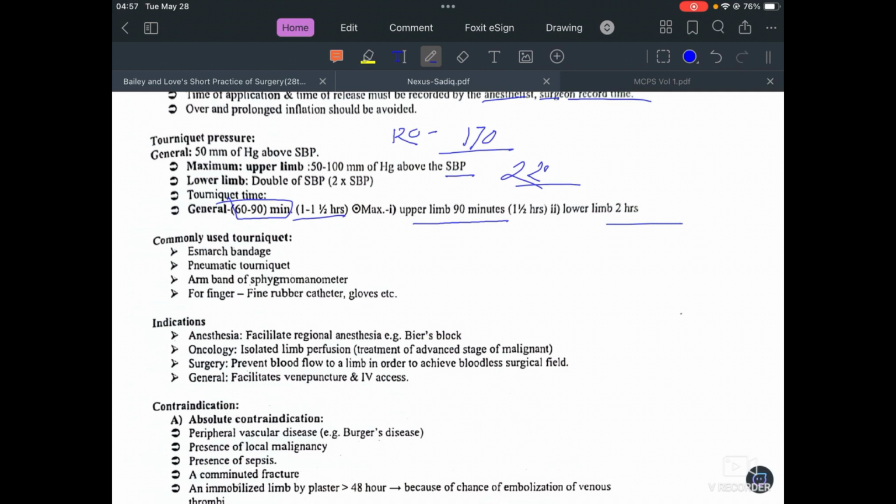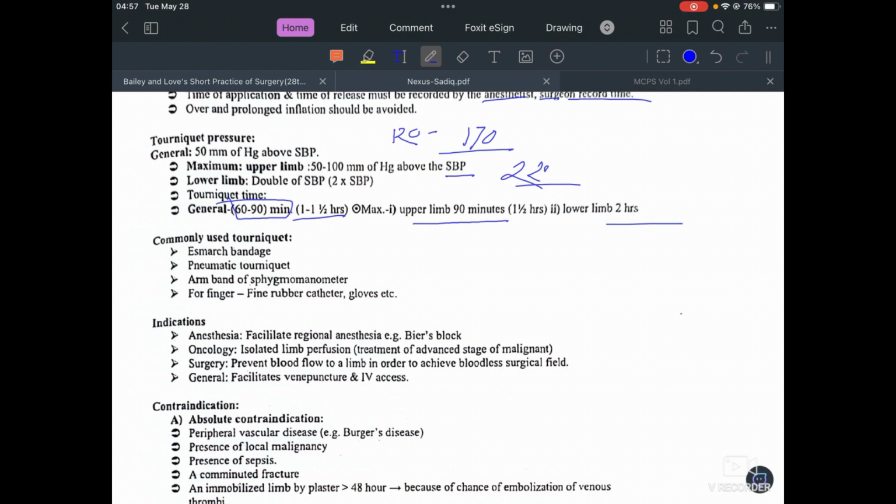Indications: facilitate regional anesthesia, oncology, isolated limb perfusion, treatment of advanced stage malignancy. Surgery: prevent blood flow to a limb in order to achieve a bloodless surgical field, facilitate venipuncture and access.